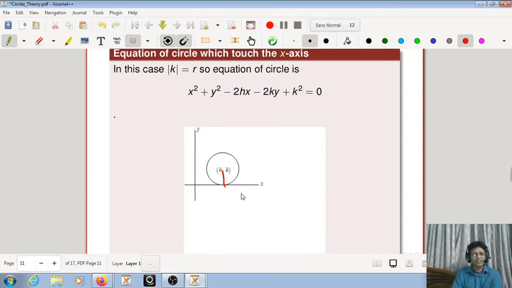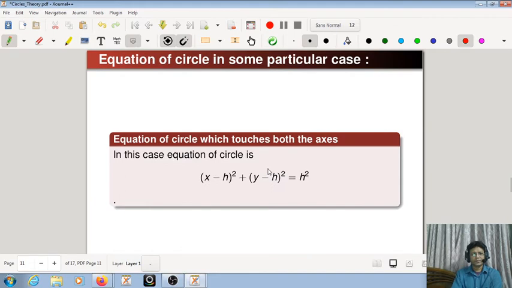So your center will be just above the point of contact, and your radius will be k, because k is the ordinate. So the ordinate will be the radius. So radius equal to k, and the equation of the circle reduces to this form. So this is the equation of the circle.